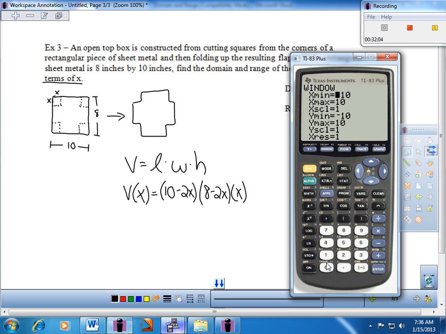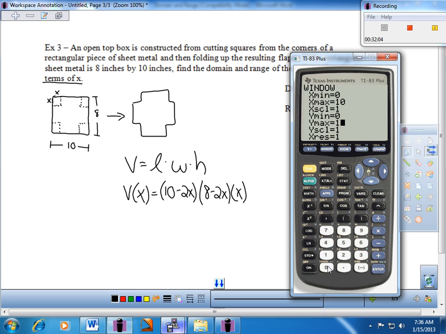We would probably start out with the fact that you're cutting something out there, so you can't cut out a negative. So we know that in terms of our domain, it can't be negative. So why don't we start out at 0. Go to 10 for right now. And the volume will be our output here. So remember, it's volume in terms of x. Volume can't be negative. So let's do 0 here.